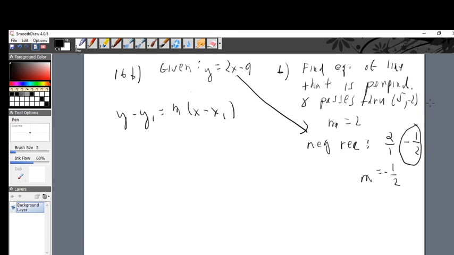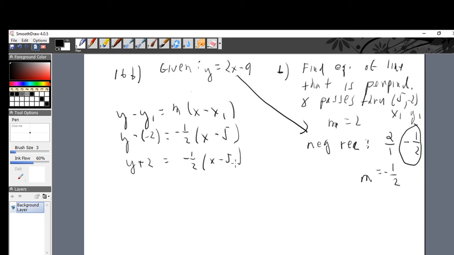I feed it its slope, and also the x1 and the y1. y minus y1 is going to be negative 2 equals the slope, which is negative 1/2, times x minus x1, which is 5. This becomes y plus 2 equals negative 1/2 times x minus 5.